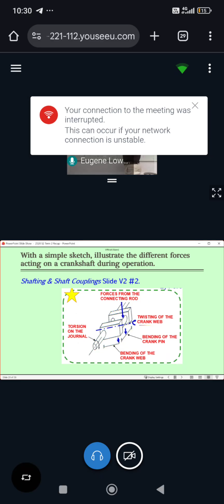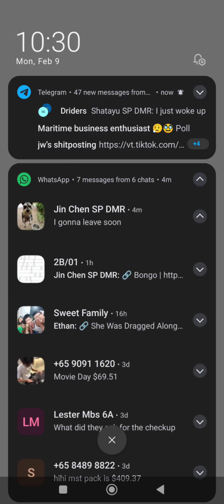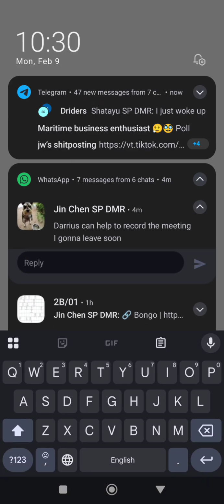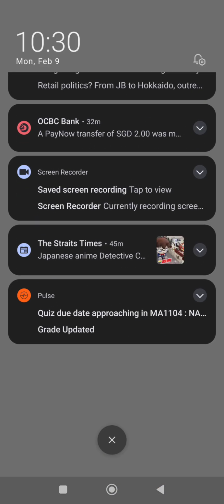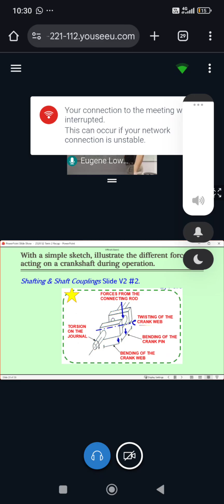Okay, I only need to show one, right? So here I'm going to call it twisting of the crank web, right? Twisting of the crank web. Okay, bending of the crank pin. This is the one, right?